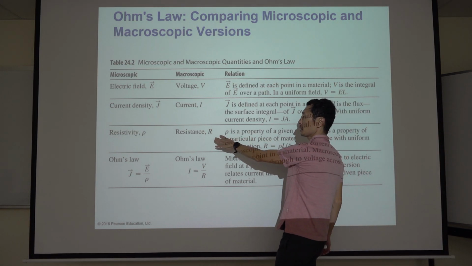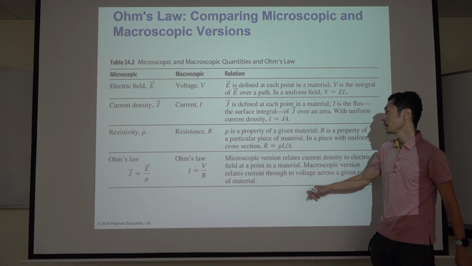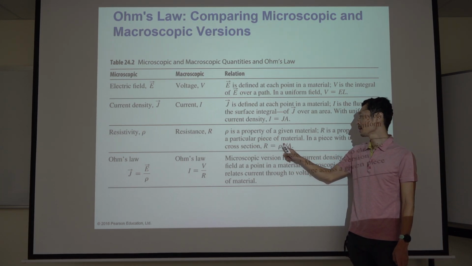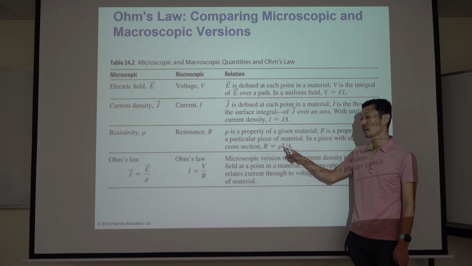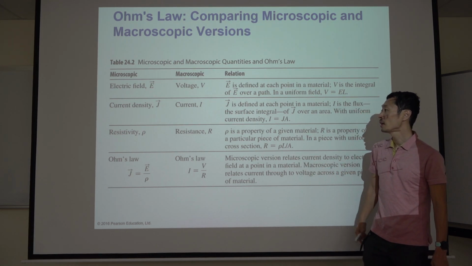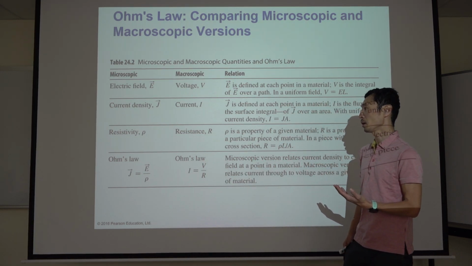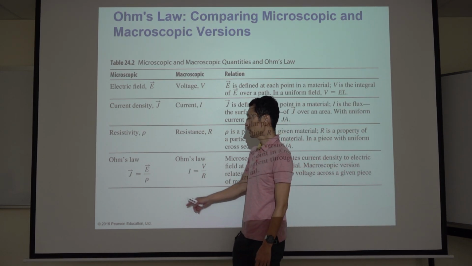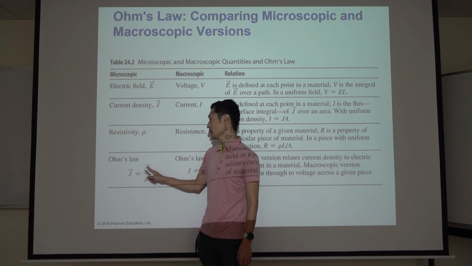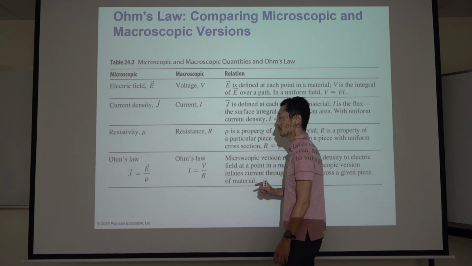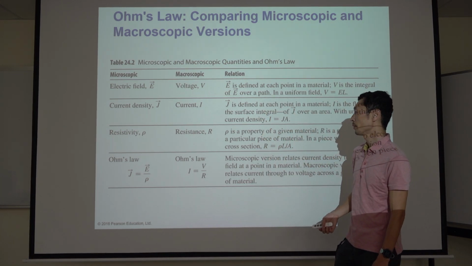Resistivity and resistance, we just looked at it. Resistance equals resistivity times L divided by A, length divided by area. And then finally, the microscopic and macroscopic Ohm's law. Microscopic Ohm's law: current density is electric field divided by resistivity, rho.